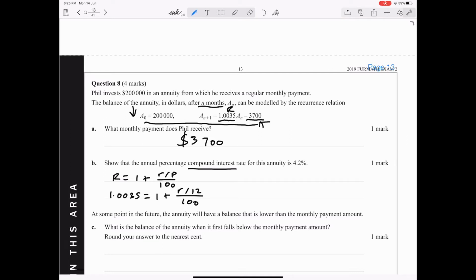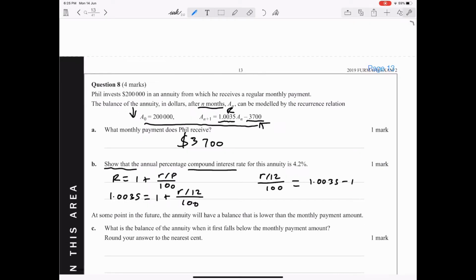So basically, since the question is a show that question, we actually have to show how we're going to find the value of r. So to do this, you solve algebraically: r on 1200 equals 1.0035 minus 1. We put the 1 on the other side, so it becomes minus 1.